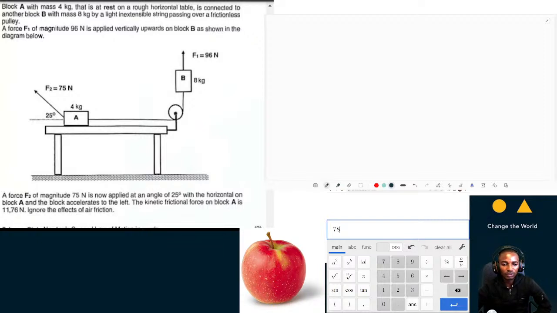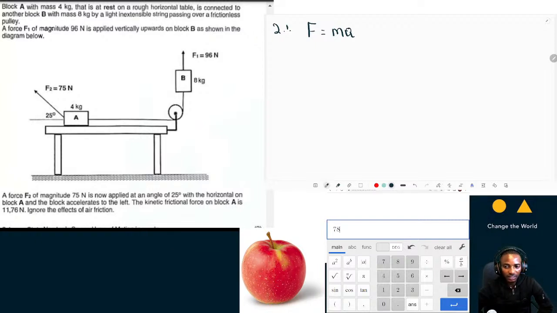It will oppose F2. Okay, so now 2.1, we need to state Newton's second law of motion in words. Newton's second law is simply F net is equal to ma. But now we need to state this law in words.